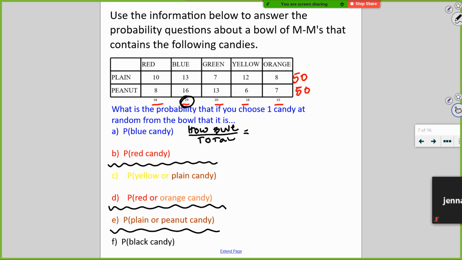In blue, I have 29 out of all the M&Ms, 100. So I look at that and I say, okay, can I reduce it? Nope. So that's a good enough answer. All right, so you guys think in your head, what is red going to be? Right? What's going to be the probability of a red M&M? Red M&M.